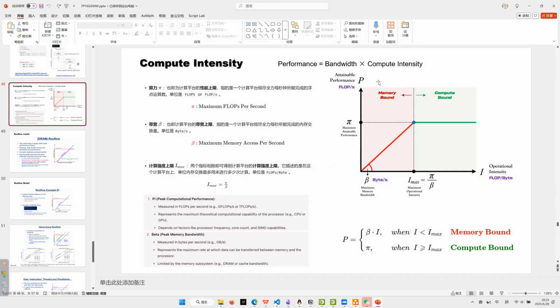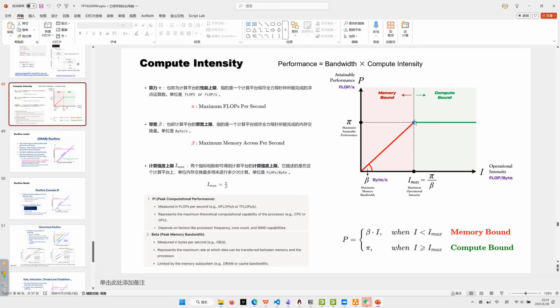And by doing that, we can draw a line in the performance plot. That is how many flops you can compute per byte per second, and how much intensity you can gain, that is, by loading 1 byte, how many flops operations you can do.